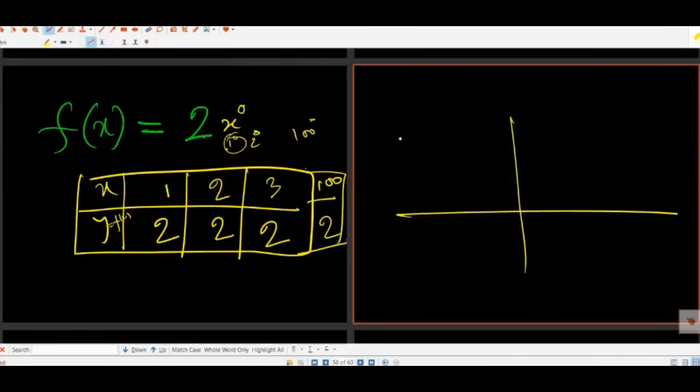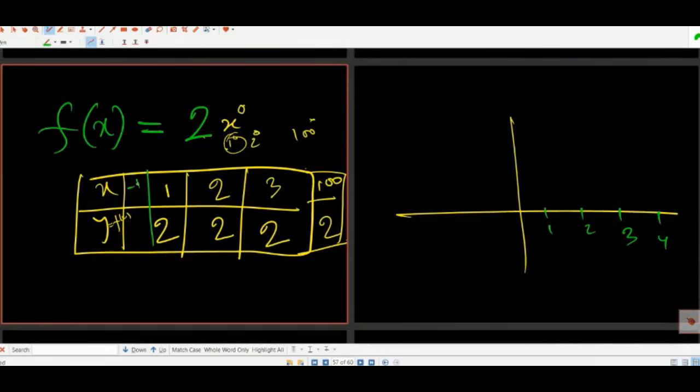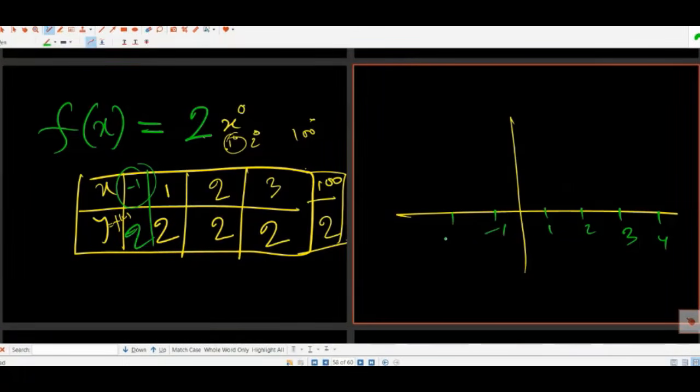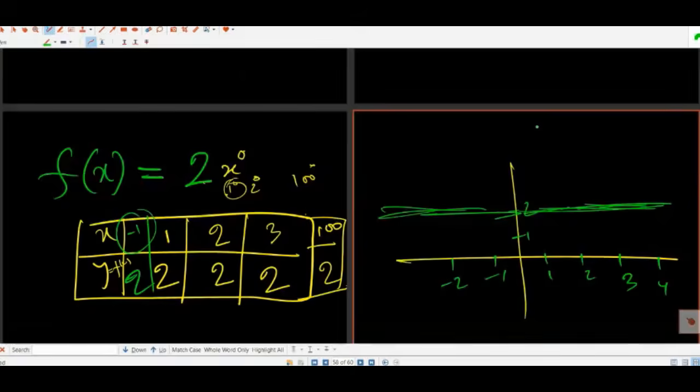That means no matter what the input is, 1, 2, 3, 4. Let's say we have negative 1 power 0. It will be again 2. So negative 1, negative 2. That means it is a constant function, right? Yes, sir. So every time we will get 2.